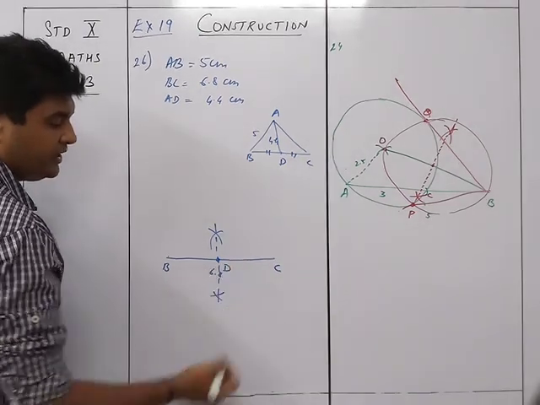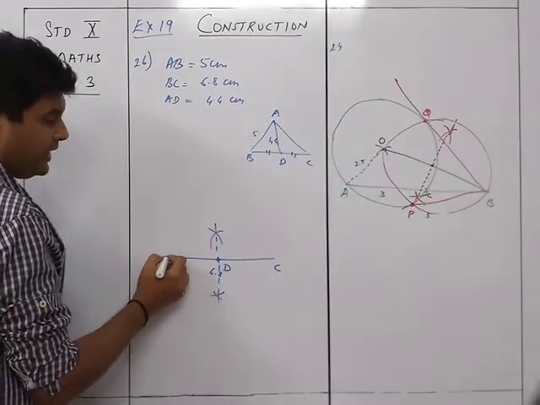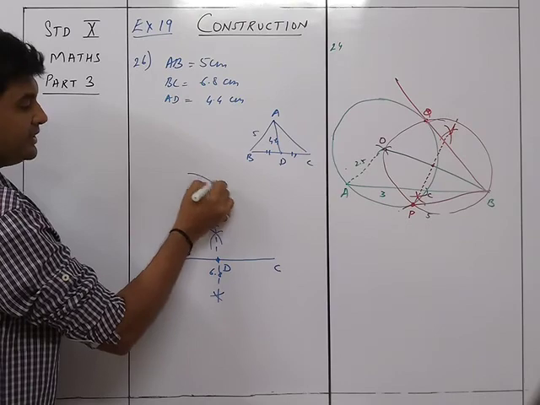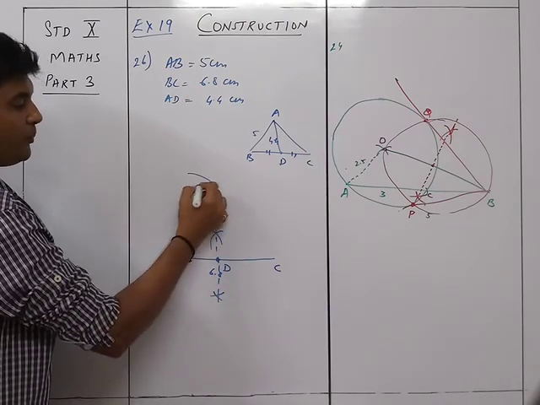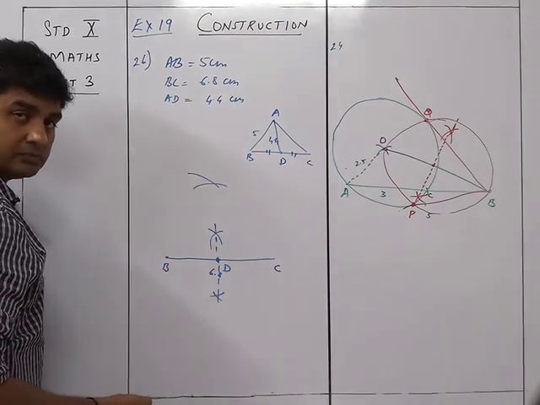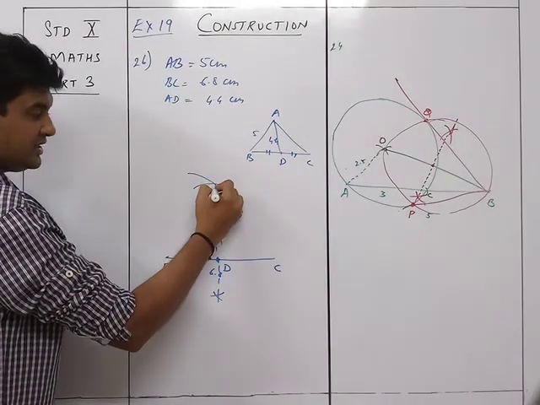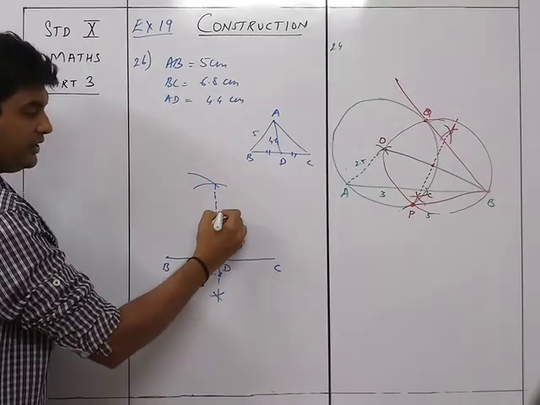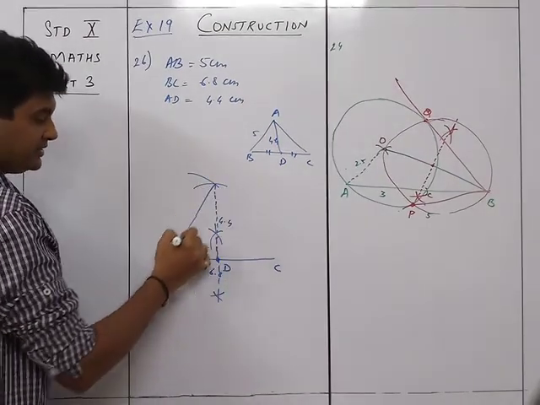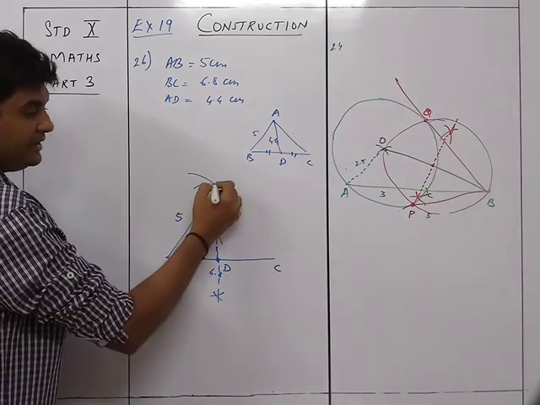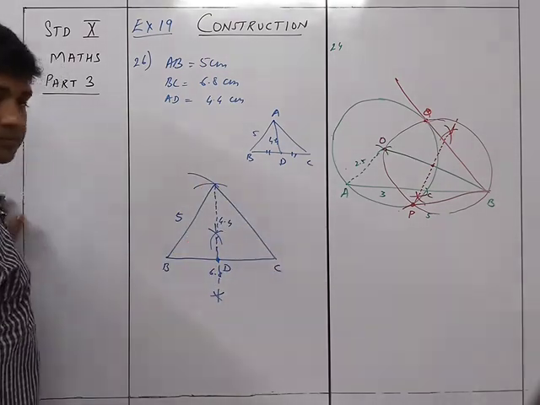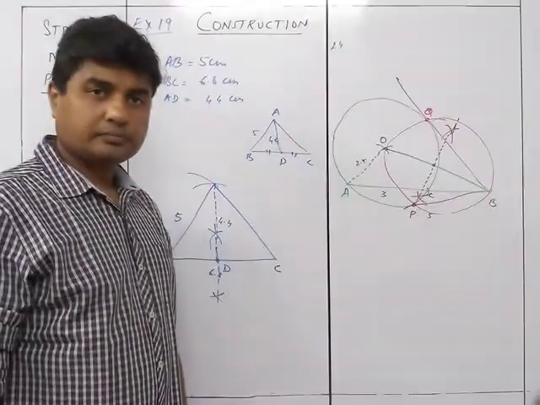This point is your D. From B, mark 5 centimeters, and from D, mark 4.4 centimeters. So this distance over here is 4.4, and this distance over here is 5. And just join this. Understood?